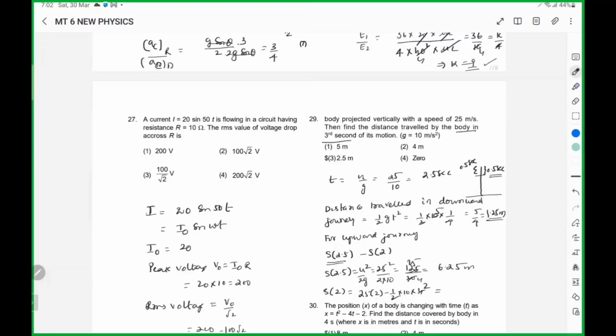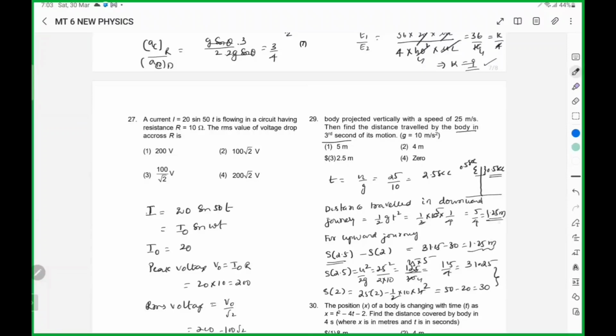So 50 minus 20, here it is 30. So distance traveled will be finally 31.25 minus 30.